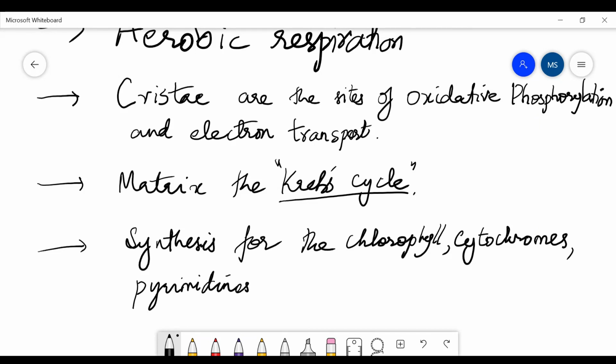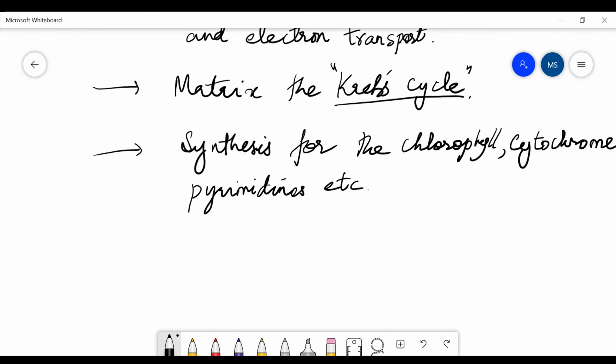Pyrimidines are nitrogenous components, and many other components are synthesized in mitochondria. And the last function of mitochondria is to synthesize many amino acids.